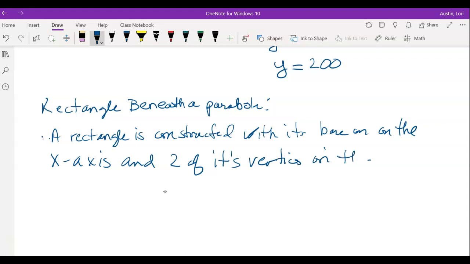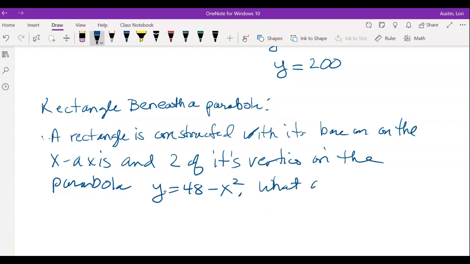Sorry. And the parabola I'm going to give you is y equals 48 minus x squared. What are the dimensions of the rectangle with the maximum area?